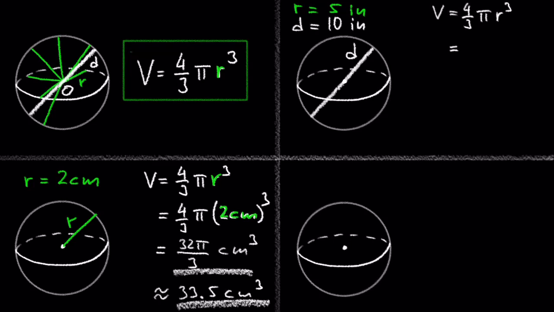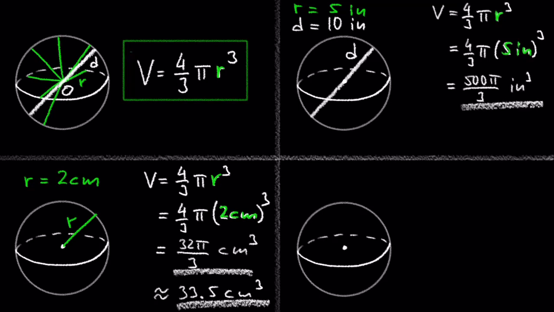Then plug in the radius, which is 5, into the formula for the volume of the sphere. Five cubed is 125, and 125 times 4 is 500. So we get 500 pi over 3 cubic inches.